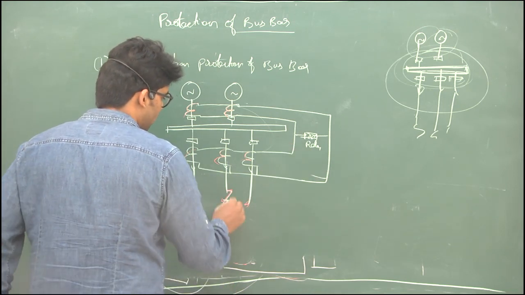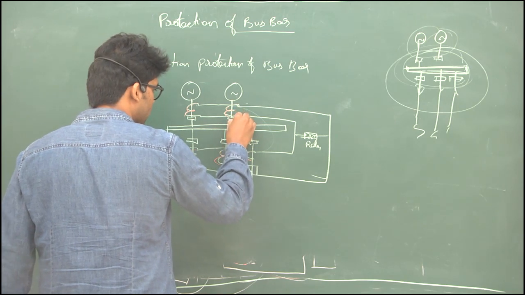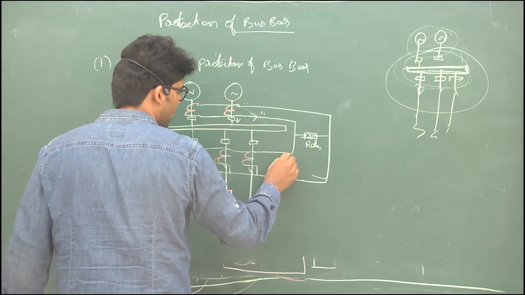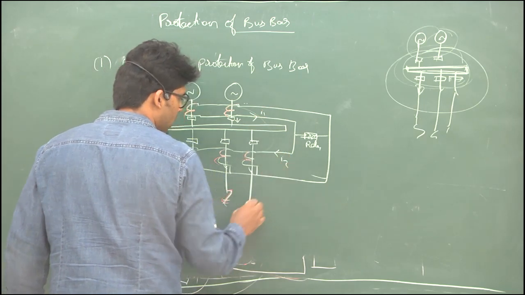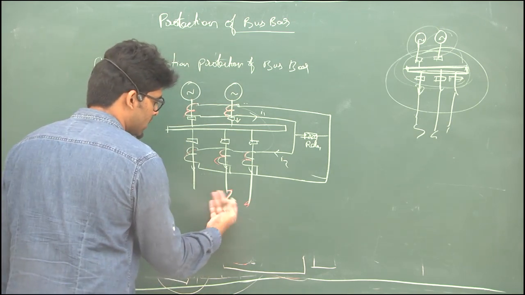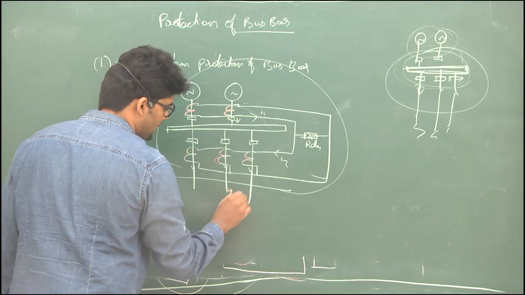If a fault occurs here, the current flowing from this section, the same current I1 will flow, and the same current I2 will flow, which is greater than the normal current. So the fault has happened externally. This is the fault section, and the fault has occurred here.